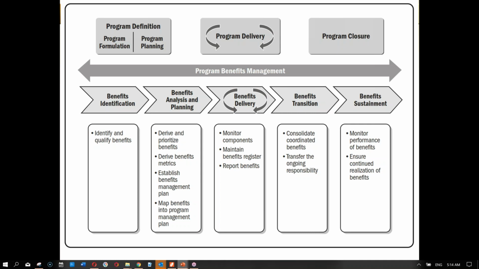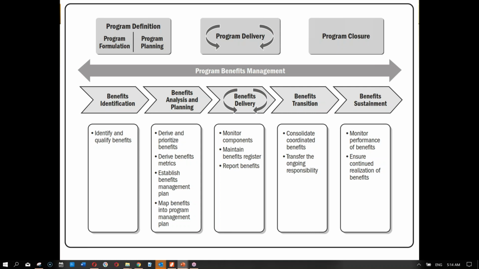Are they going to be able to manage it and keep reaping the fruit out of the tree? This is called benefit sustainment. So in our benefit management plan, we would have included a benefit sustainment plan as well. We'll monitor the performance of benefits for some time and ensure continued realization of benefits.